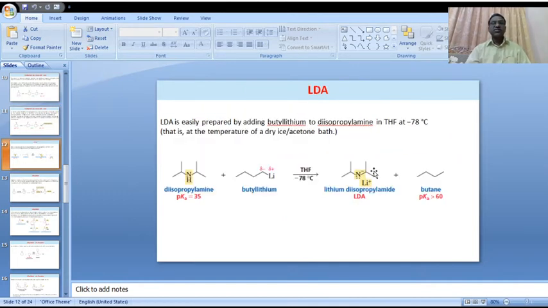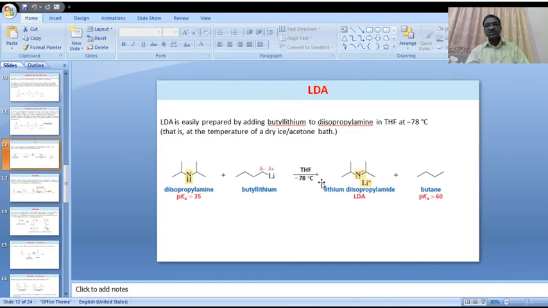This is the preparation of LDA. LDA is easily prepared by adding butyl lithium to diisopropylamine in the presence of tetrahydrofuran at minus 78 degrees centigrade. That is the temperature of a dry ice and acetone bath, which is generally used.